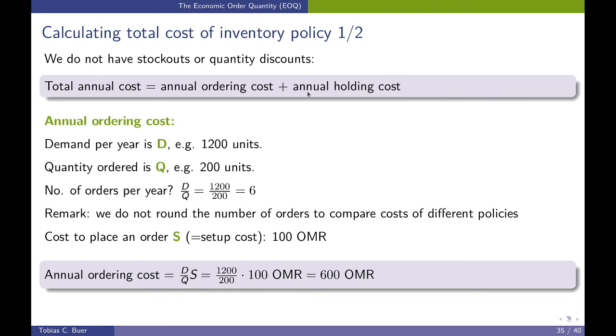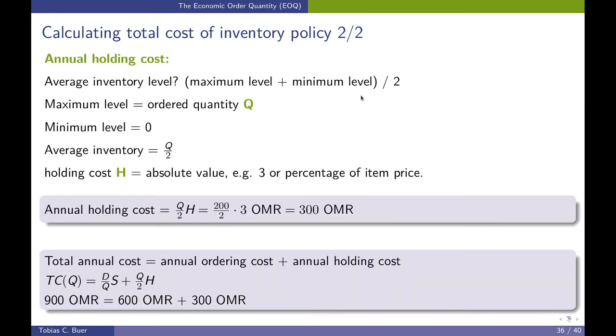Okay, now let's check the second term, the annual holding cost. How do we calculate the annual holding cost? To start with, we need to know the average amount of inventory, the average inventory level. Because our demand is constant, you saw this line going down, we just need the maximum level plus the minimum level and divide this by 2.